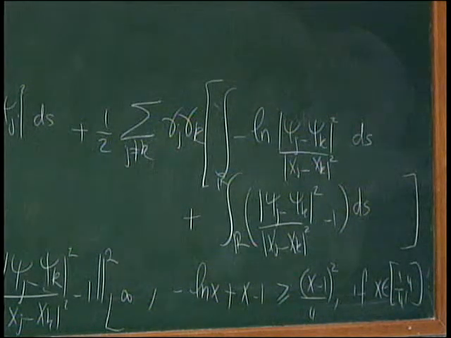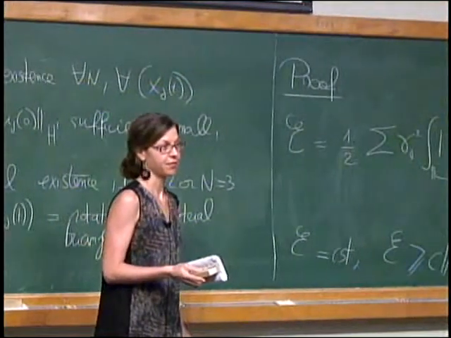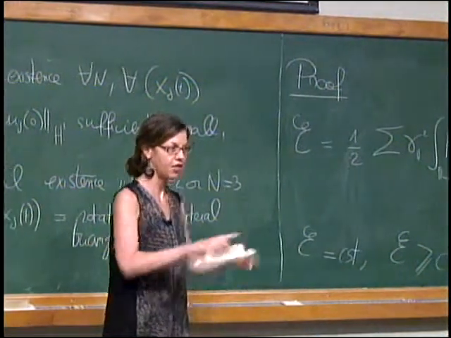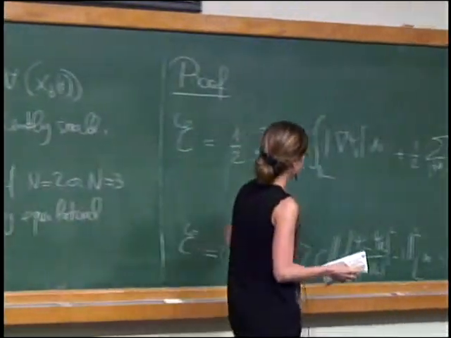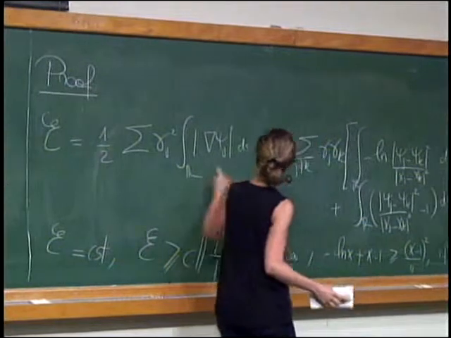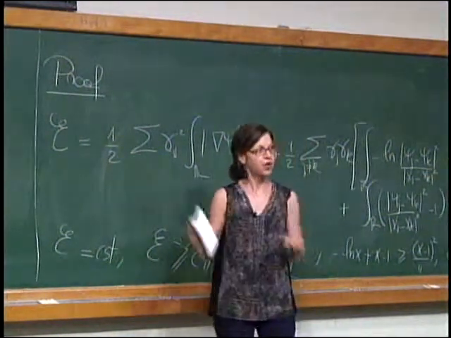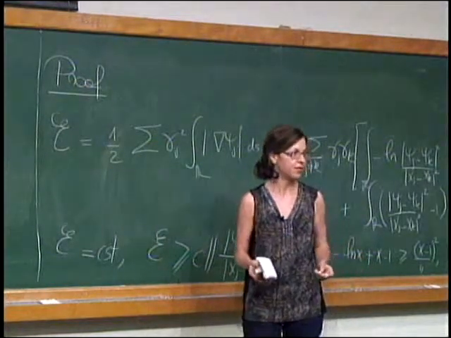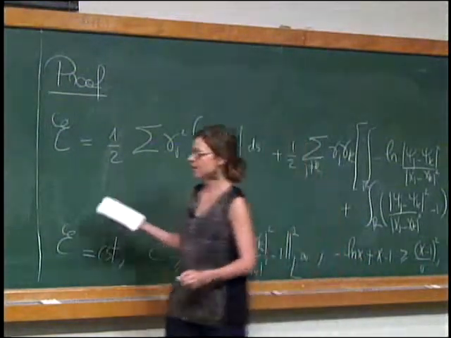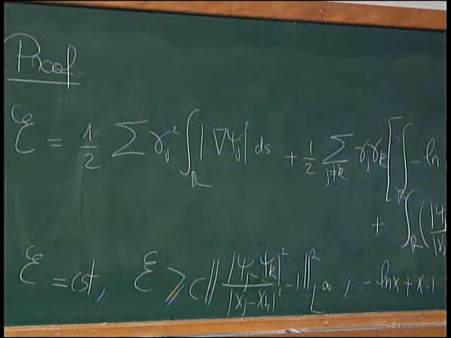Yes, it works for n equals 2, actually, assuming that the product gamma 1 gamma 2 is positive, because we need positive quantities in the energy. So this works for n equals 2, n equals 3, and an equilateral triangle. Otherwise, they only got local existence for the filaments.